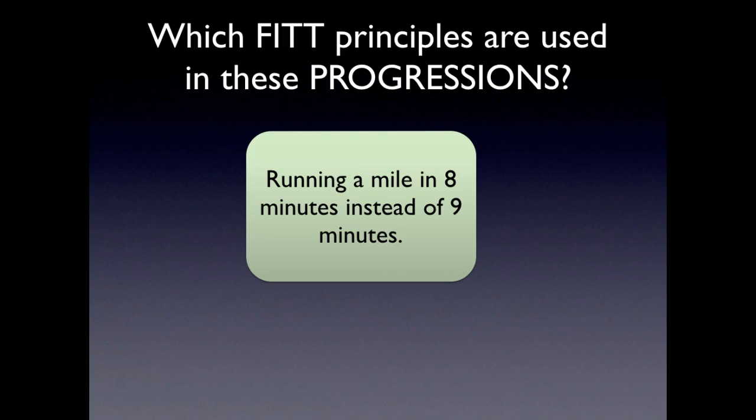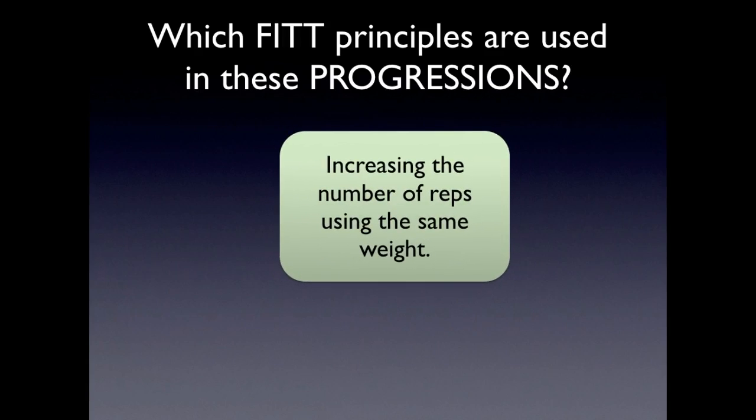This is intensity, because we make it harder by just working harder. This is time, because by doing more repetitions, it affects how long the person will perform the activity.